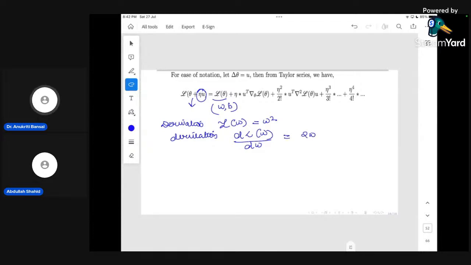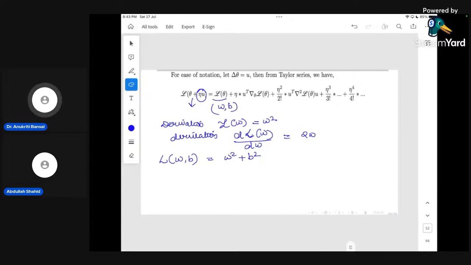Now suppose the loss is a function of not only weight, but bias as well, and suppose this is defined as W squared plus B squared.